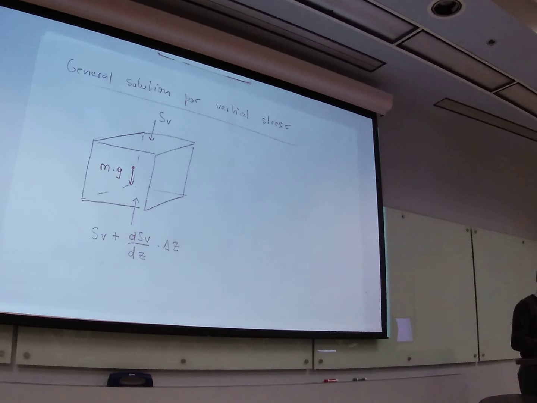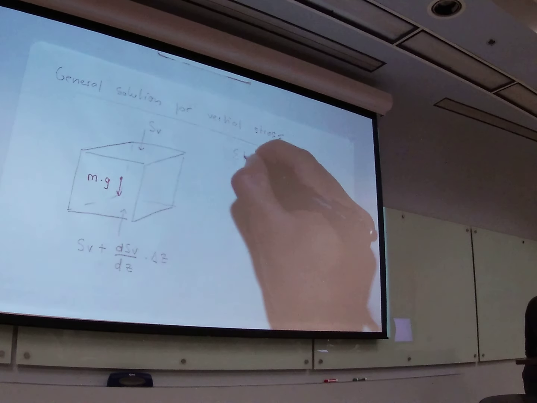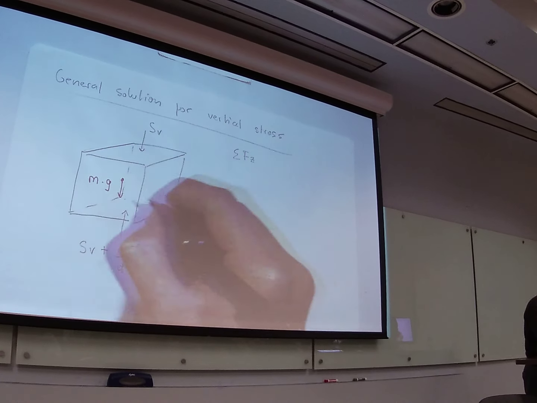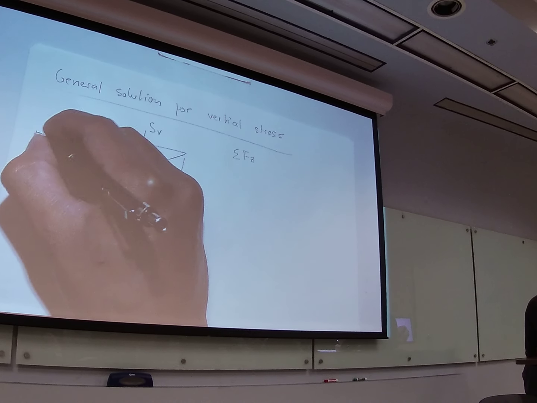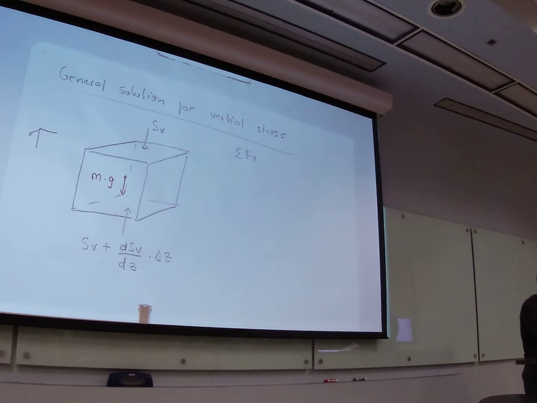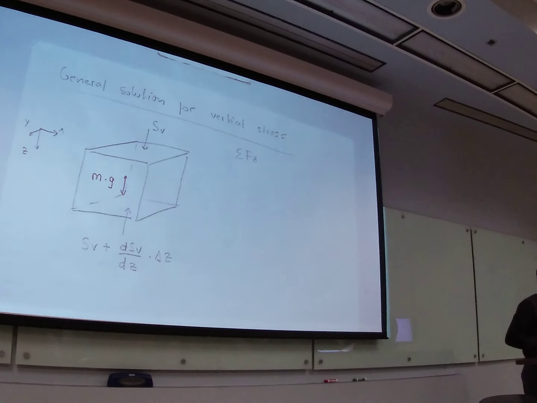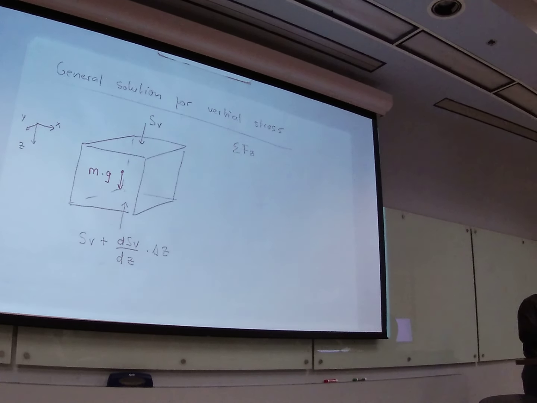So, in order to solve this simple problem, we do summation of forces in direction z. In this case, this is x, this is going to be y, this is going to be z. We're going to learn later on that the direction of the arrows has to go in some specific way.